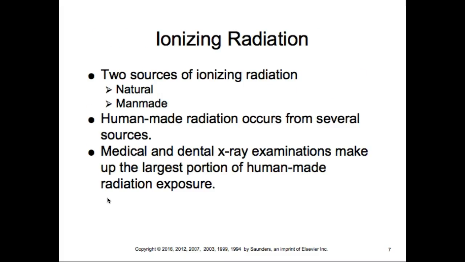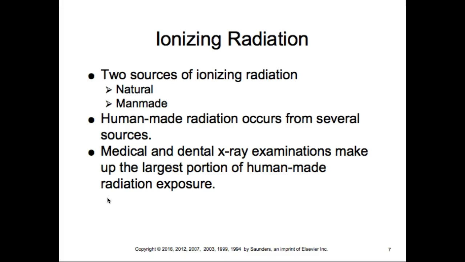So there are two sources of ionizing radiation. There's natural, which is found just in our atmosphere that we're exposed to every day. Within our biology and our metabolism, we produce radiation also. There's radiation in bananas and potassium. There's also man-made radiation, and that's really what we're going to be talking about.